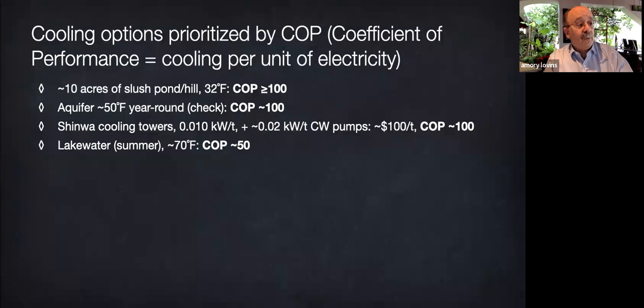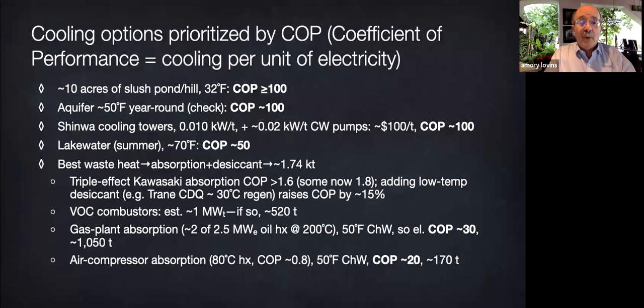Lake water cooling was about half that efficient. We could get a COP around 20 or 30 with various conventional devices, or up to 8 to 9.5 with electric chillers. Interestingly, the most efficient options toward the top with COPs upwards of 100 would also cost the least to build, but are the least often considered.